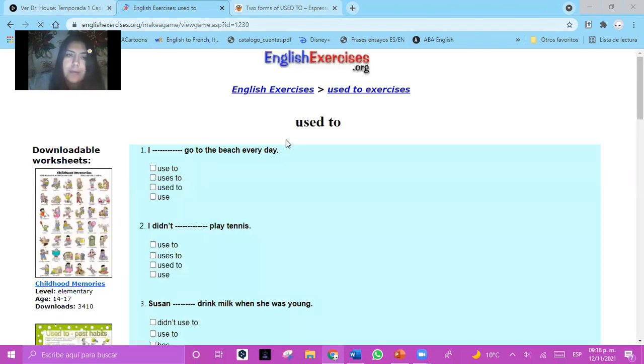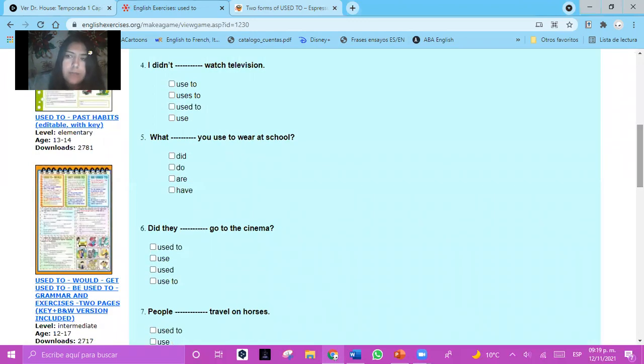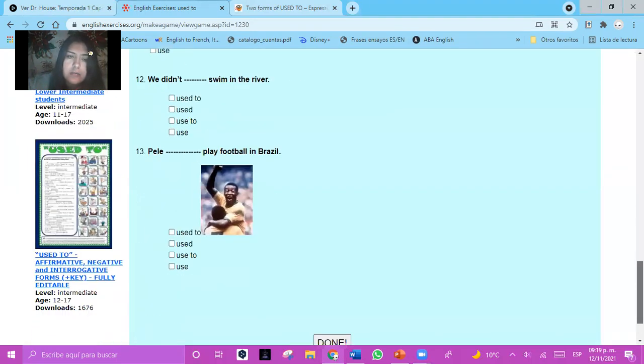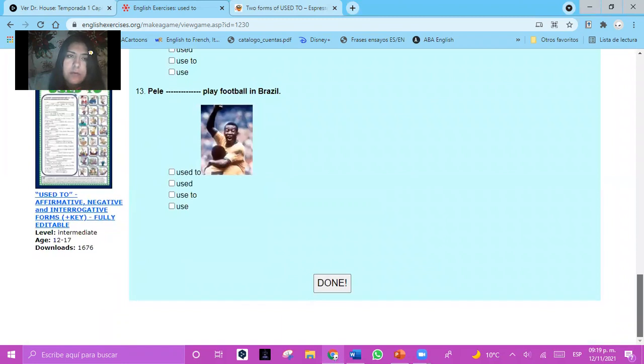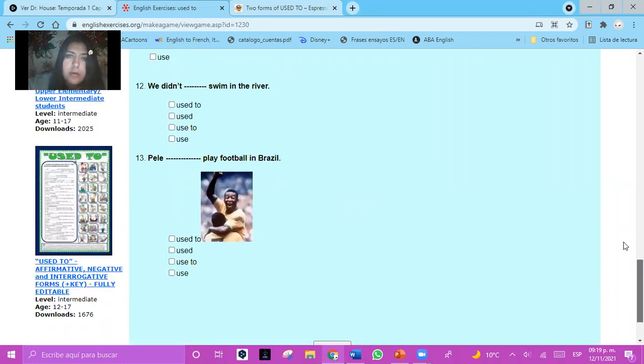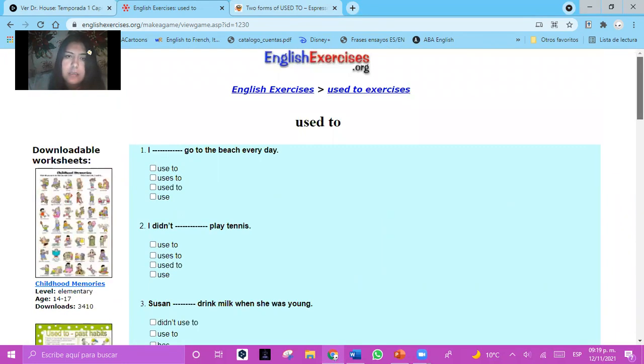So here we have, I guess there are 13 sentences. So the only thing that you have to do is complete the sentence with the option that is here that you think is the right one.